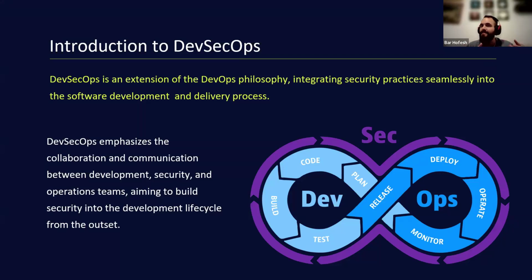All right, we wrote the code. Now let's scan it. Let's test it. Let's use static application security testing. Let's use SCA. Let's make sure that what we wrote is actually verified. We're building. All right, so this is container security, packages.